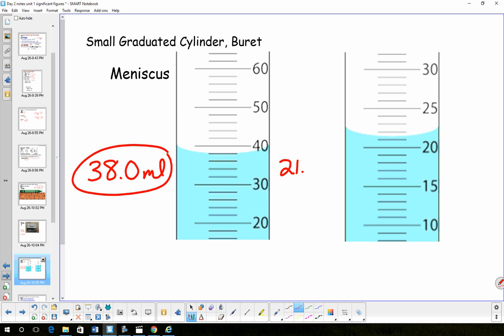I heard 5. Is that about right? Yeah. If you put 4, that's okay. All right, so you need to be able to read and guess that last one between the lines. Okay, so you should have 38.0. So you have 3 significant figures here. You want to pull as many significant figures from the equipment as you can.